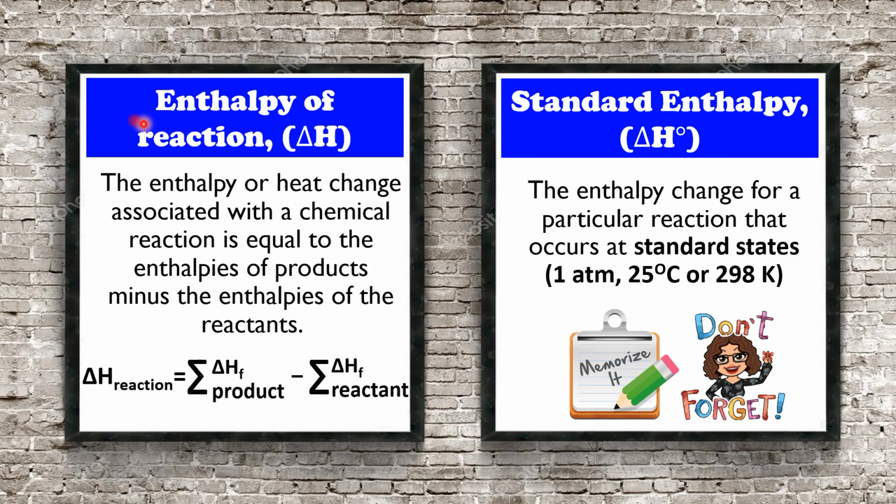Next, we have to know the differences between enthalpy of reaction, that is delta H, and standard enthalpy, that is delta H naught. Enthalpy of reaction can be defined as the heat change associated with a chemical reaction, which is equal to the enthalpies of the products minus the enthalpies of the reactants.